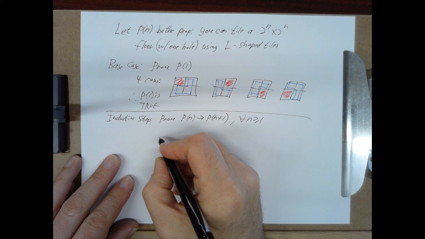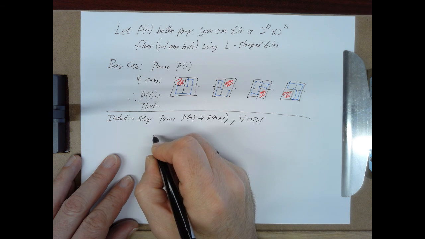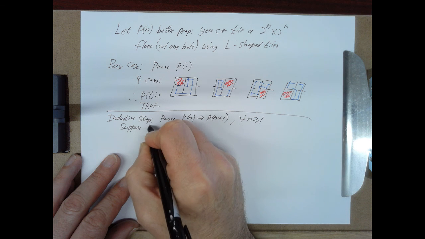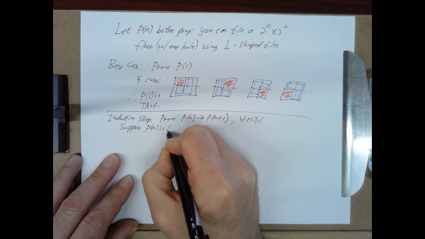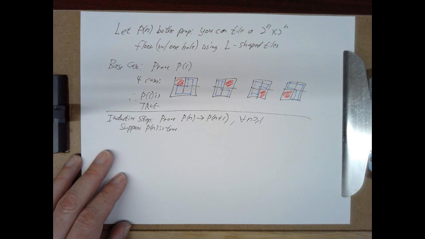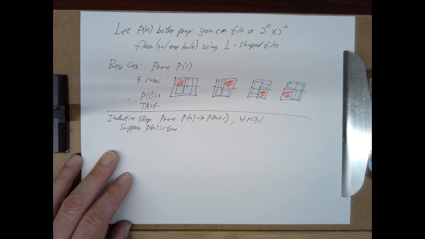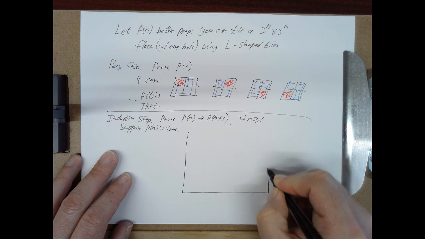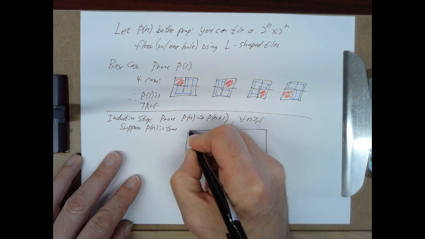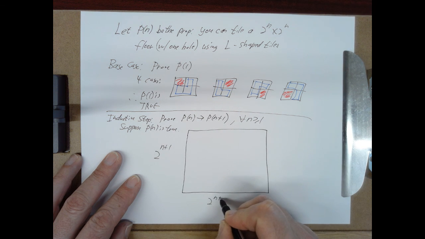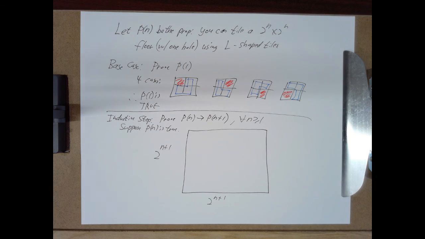So let's look at this. Let's suppose P of n is true. And let's look at our region for P of n plus 1. So let's draw this out. And this is 2 to the n plus 1 on each side. And we want to know if we can tile it.